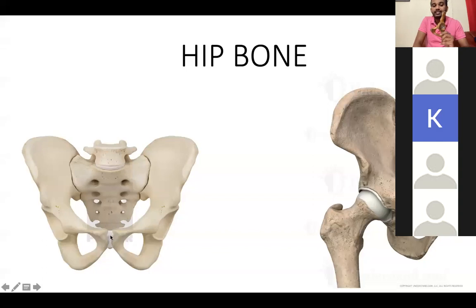The pubic symphysis. So the pubis of right and left are fused in the midline, forming a secondary cartilaginous joint, the pubic symphysis. And posteriorly, these hip bones are fused with the sacrum, forming the sacroiliac joint. Together, we call this the bony pelvis. Is it clear?